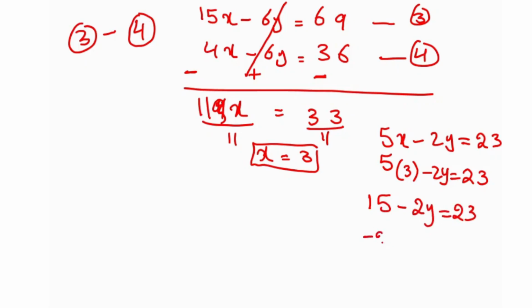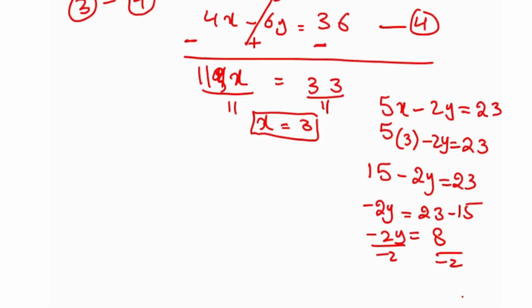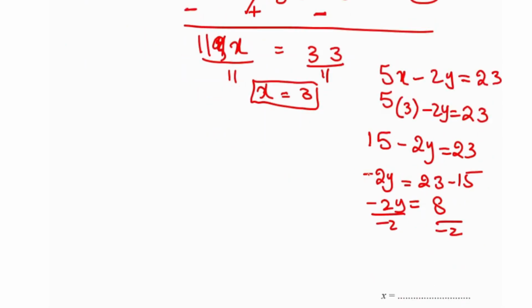Now we're going to move 15 to the other side. So 23 minus 15 gives us 8, and minus 2y. So divide both sides by minus 2, and we will get y is equal to minus 4.